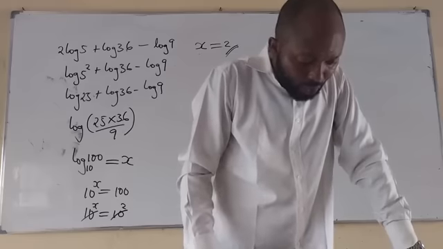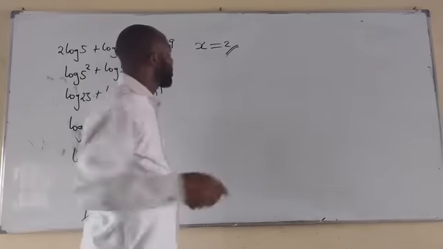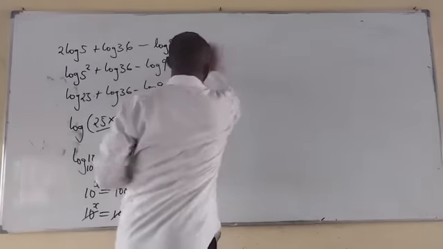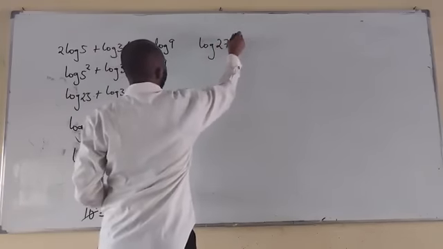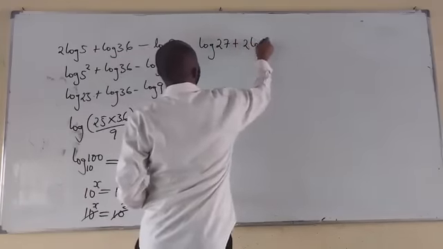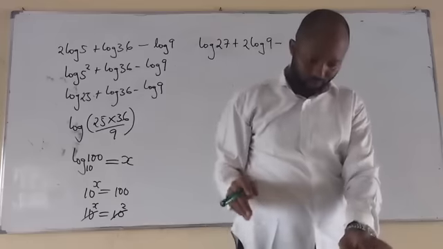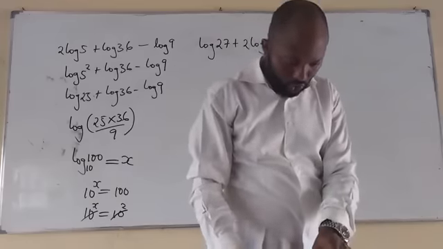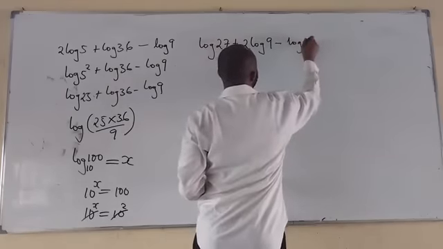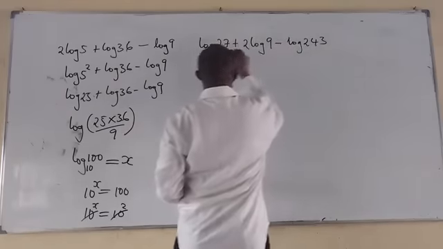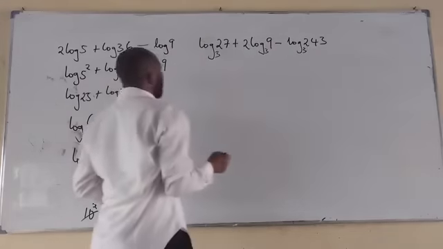Log 27 plus 2 log 9 minus log 243, all in base 3. This will give us what?